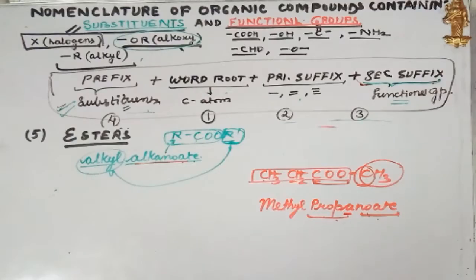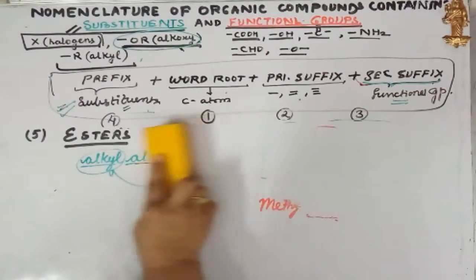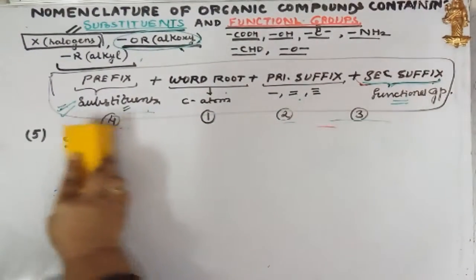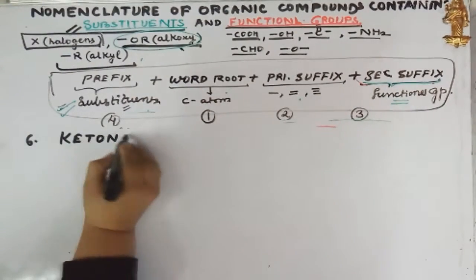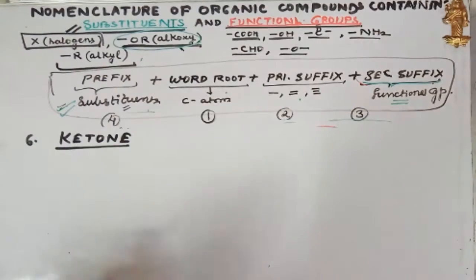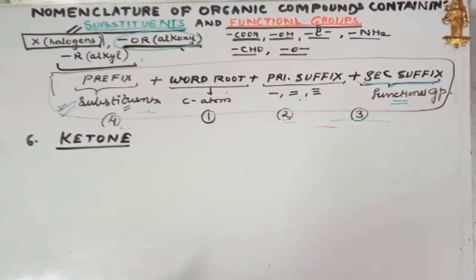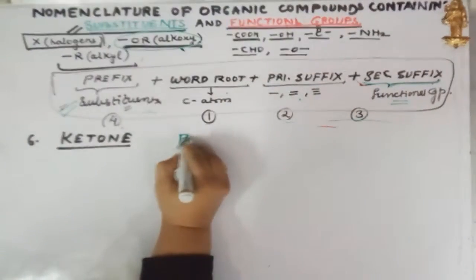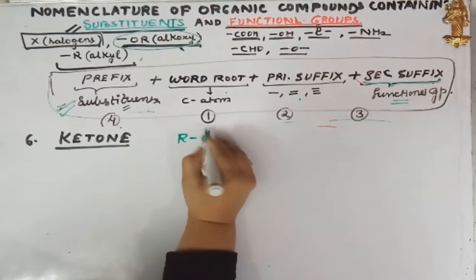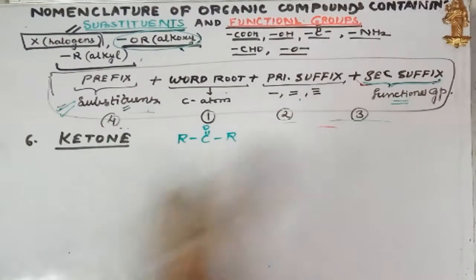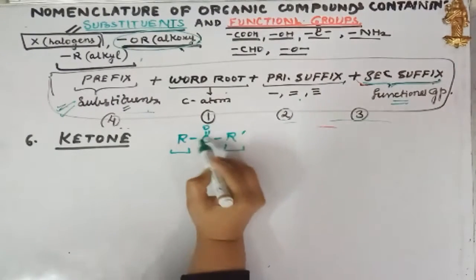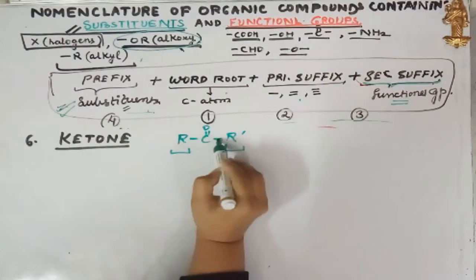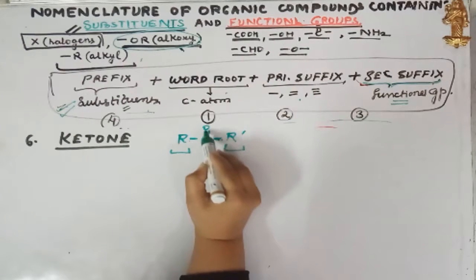Now let us take another kind of functional group, and that is ketones. Ketones are a very important category of organic compounds, and are represented by R, C double bond O, R'. This R is an alkyl group, and the other R' is also an alkyl group, linked on both sides to the carbon atom which is double bonded to the oxygen.